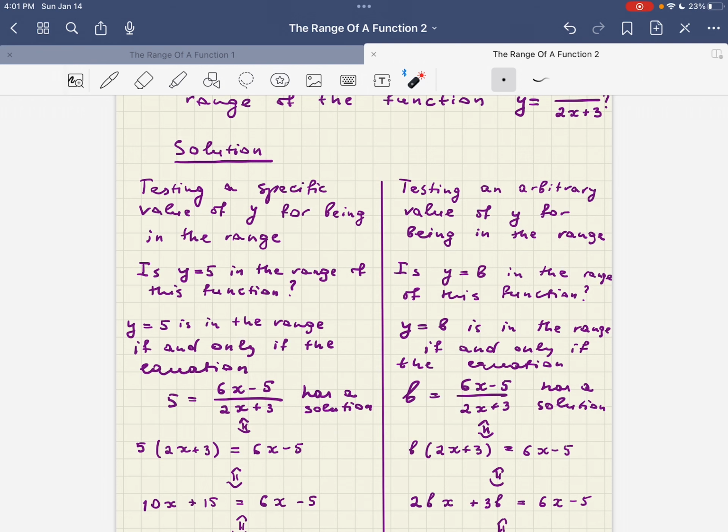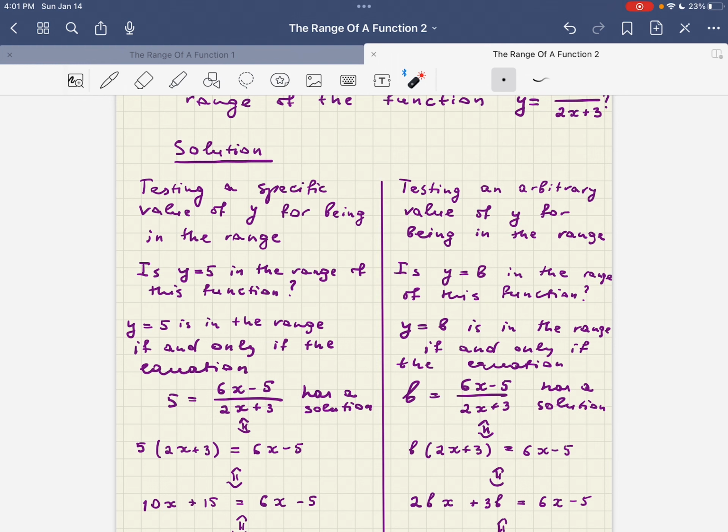And so we will now think about an arbitrary value of y, which we denote by the letter b, and we will test that value y equals b for being in the range of this function. Since we didn't specify what b stands for, by going through this process we will be testing all possible numbers for being in the range.